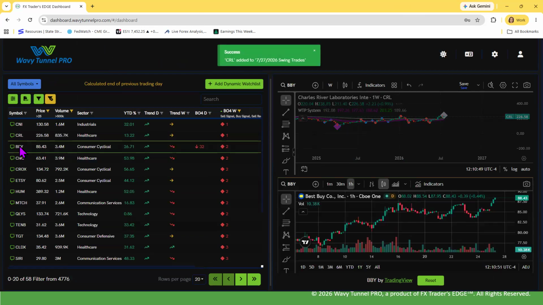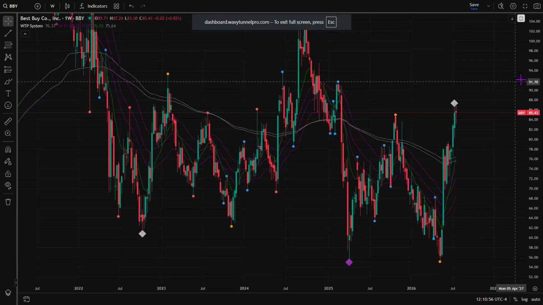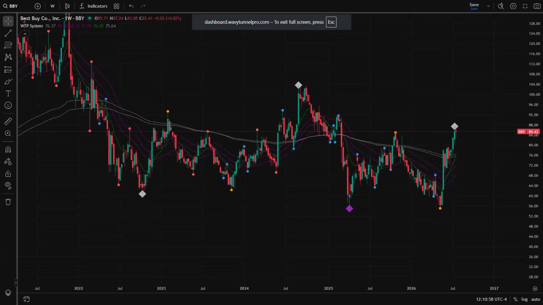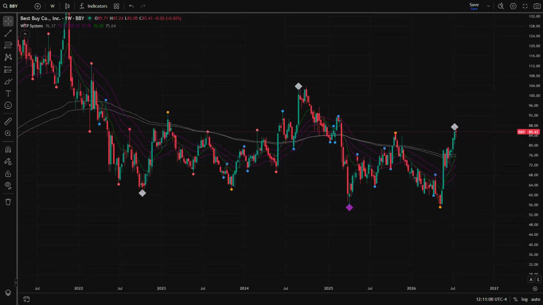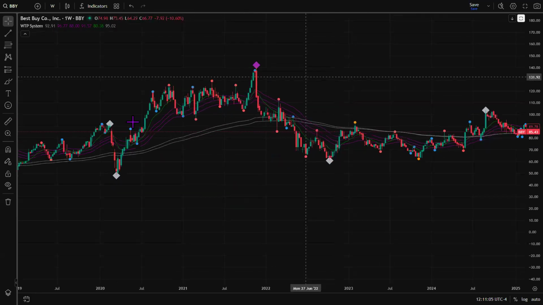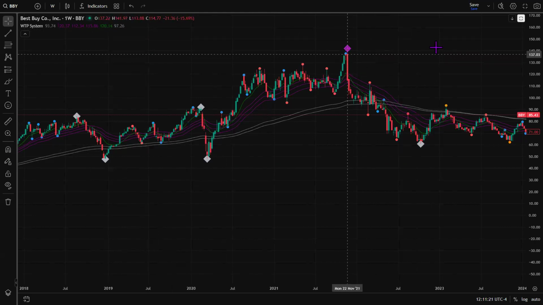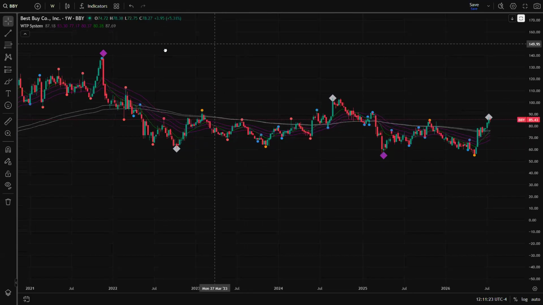Let's look at the next one. Best Buy. Hey, everybody knows Best Buy. Let's have a look. Why is that not doing well? So this did well. This is the weekly. We had a nice uptrend that ended also around here, so also in 2021.